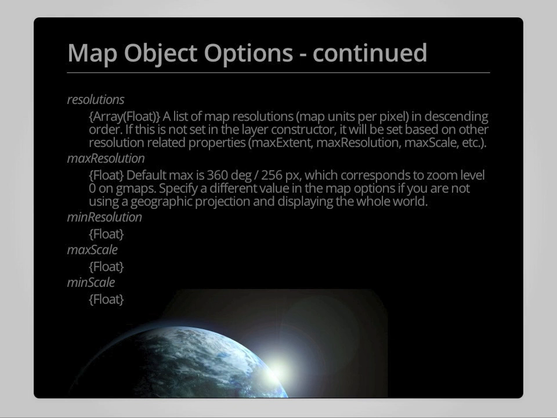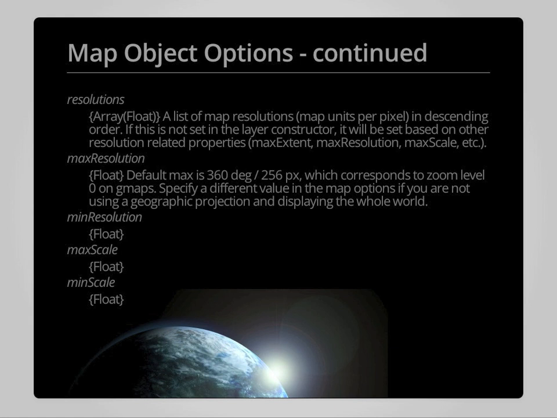The max resolution allows you to specify what the maximum resolution would be as calculated by the number of map units divided by the tile size. So in the example here, the default maximum is 360 degrees by 256 pixels, both of those being the default units for the map units and the default tile size for OpenLayers.